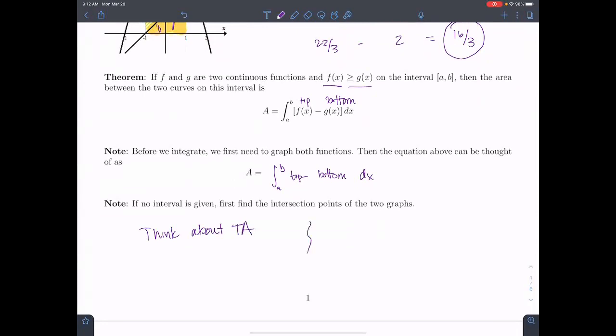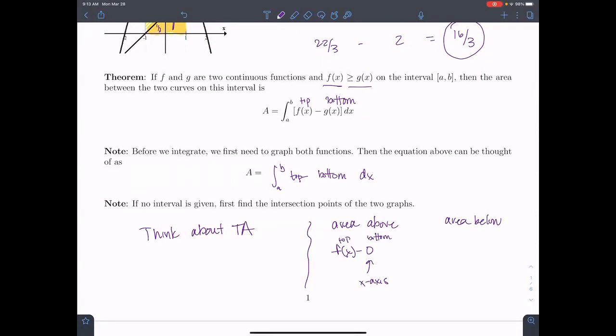So you're going to do area above the x-axis, and then we had the area below, and we did subtract that off, or we added the absolute value. So f of x minus 0, because this is the x-axis. So that would give you the top function minus the bottom function.